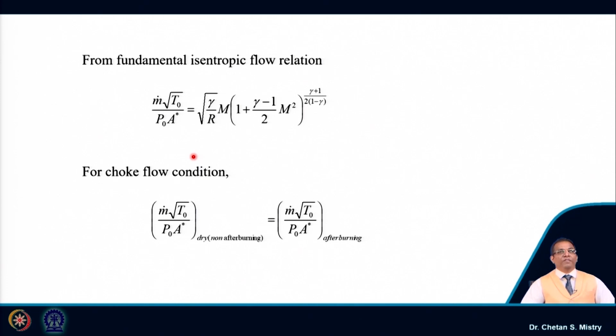So, here if we look, this is our fundamental equation for the mass flow rate for the nozzle, and if we consider the choke condition, this represents the case where we have the afterburner incorporated, and this represents when I am not incorporating any afterburner. All other parameters are constant for both configurations, because the M equal to 1 condition is for thermal choking.